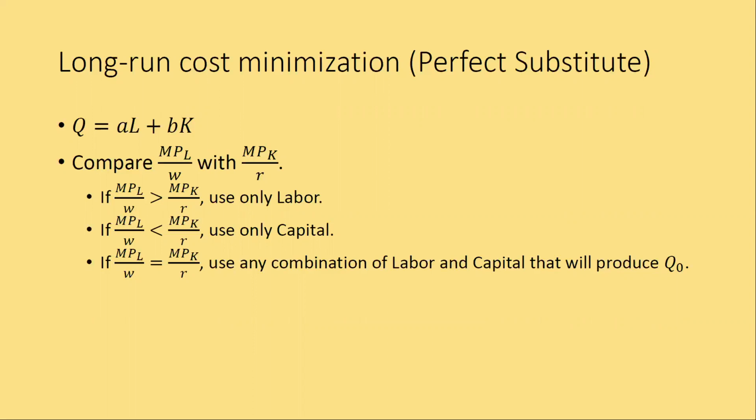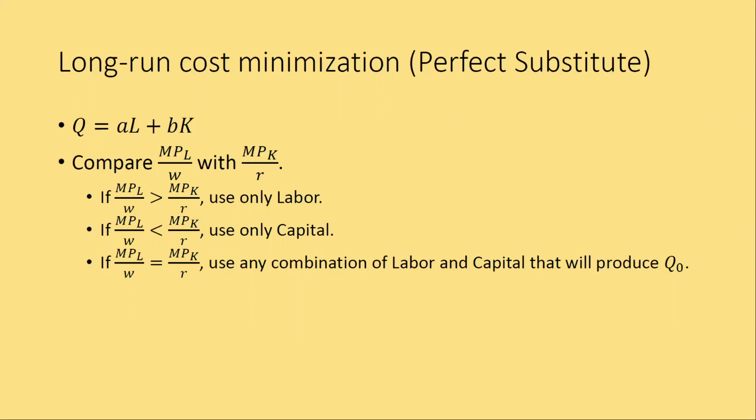Now, if it is always the case that the marginal product of spending an additional dollar on employing labor is higher than the marginal product of spending an additional dollar on capital, then the firm will only use labor. And conversely, if capital is more productive marginally than labor, the firm will use only capital.